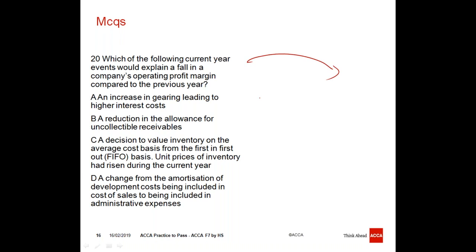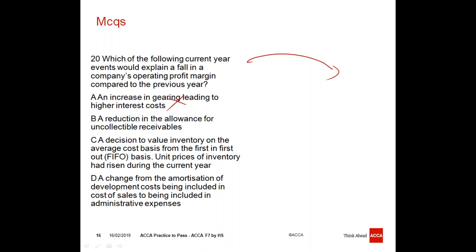A: An increase in the gearing leading to the higher interest cost. So you all should know that the operating profit means the profit before interest and tax. So if the company's gearing increases, it affects the profit after tax rather than operating profit.